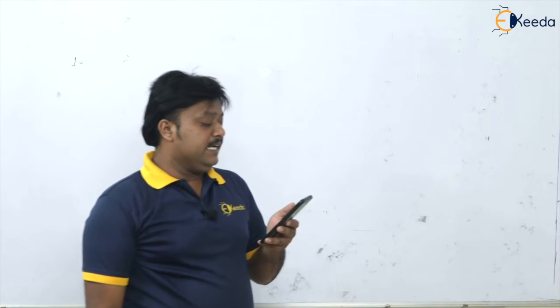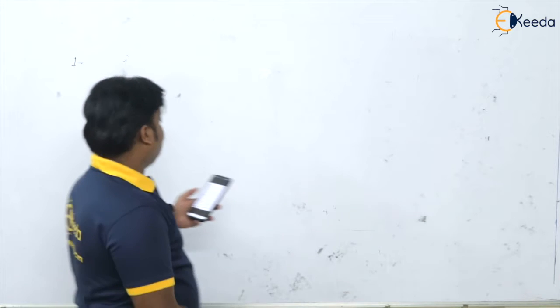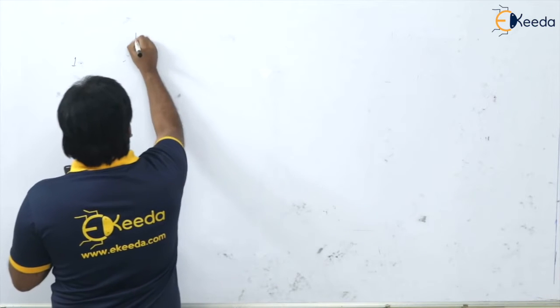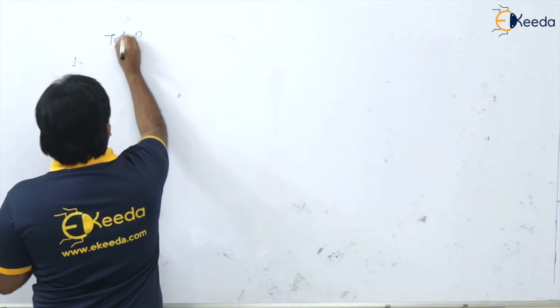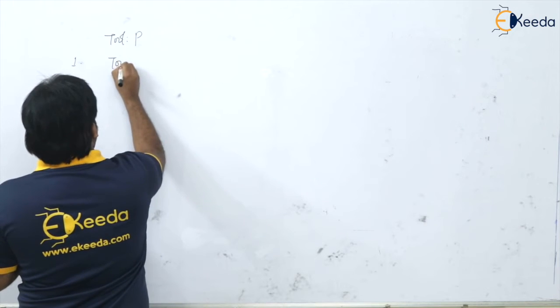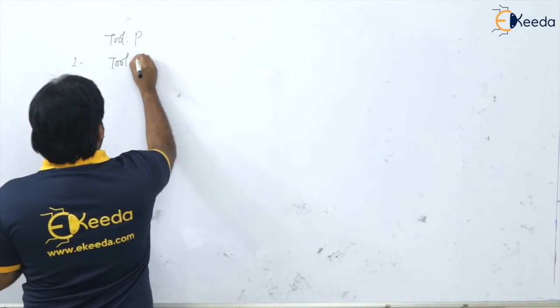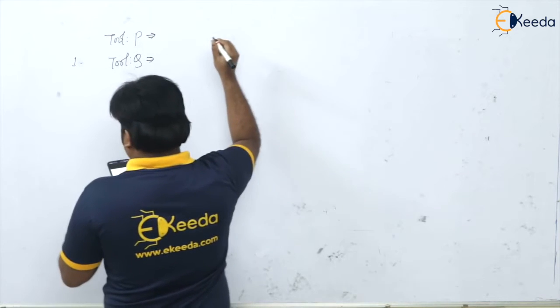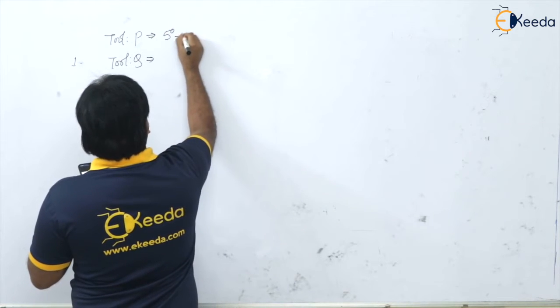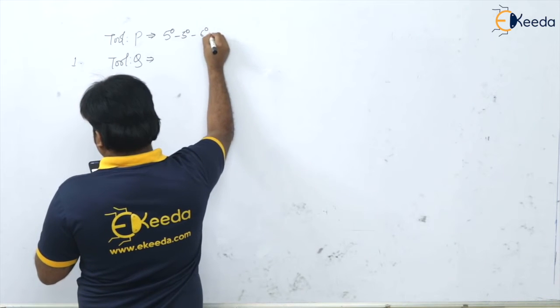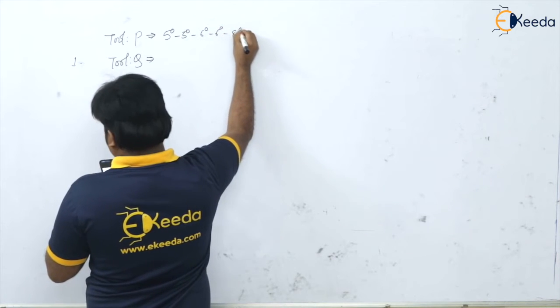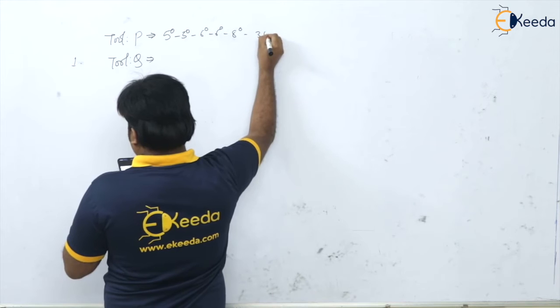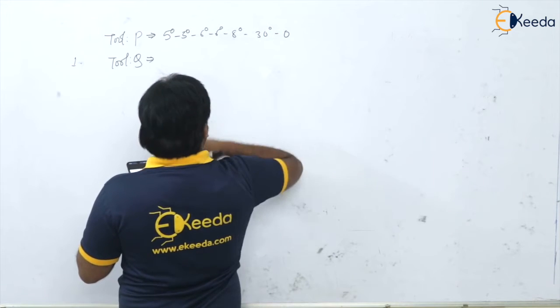Two tools P and Q have signature. So tool signature given, this is tool P and tool Q. The tool signatures are given. So for P it is 5 degree, 5 degree, 6 degree, 6 degree, 8 degree, 30 degree and 0.